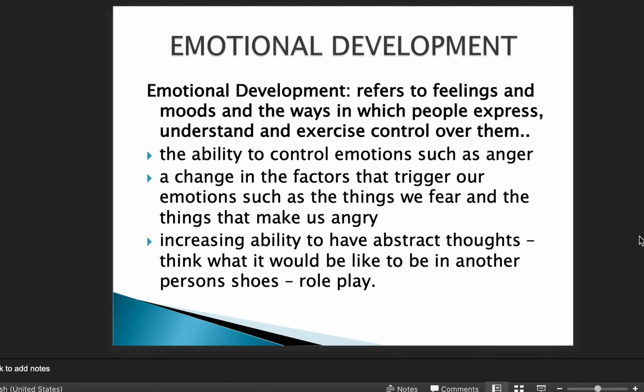Different triggers can be really critical in terms of emotional development here, and also support from family and friends to show that it's okay to feel the way you're feeling.